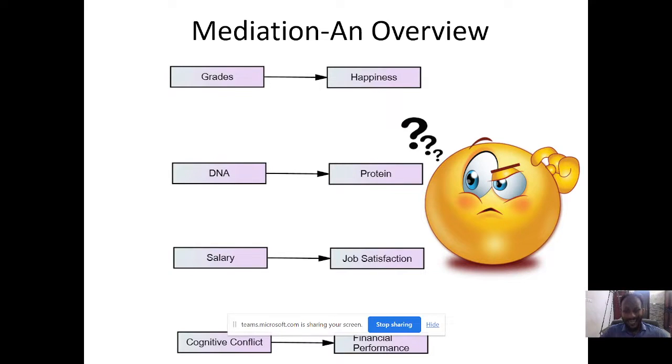Probably the DNA and protein and cognitive conflict and financial performance might be a bit new, but let me ask the audience a question. If you consider these two variables, grades and happiness, can somebody tell me which is the independent variable and which is the dependent variable?